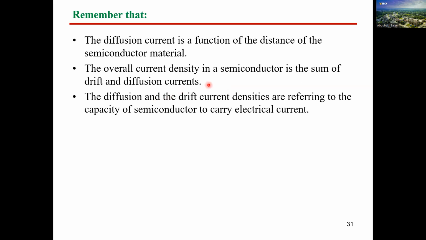So after calculating the two parts, diffusion and drift currents, the total, or the summation, is going to be the total current in the semiconductor material. The diffusion and drift current densities refer to the capacity of the semiconductor to carry electrical current. And this is the meaning of current density.